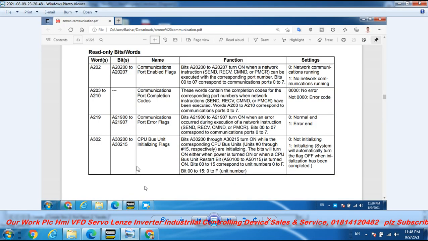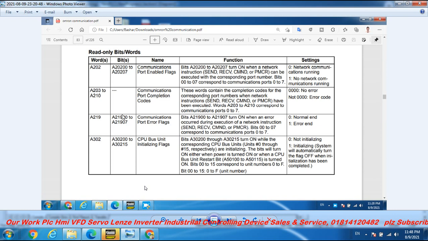A202.02 is the communication port enable flag. Zero is network communication running, one is no network communication running.